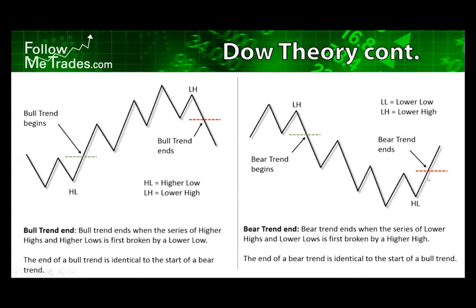Once we put in a higher low and we go take out that previous high, that's a signal that the bear trend has ended and that an uptrend may be beginning. And you can see the end of a bull trend is identical to the start of a bear trend, and the end of a bear trend looks just like the start of a bull trend. Say that fast, 10 times.